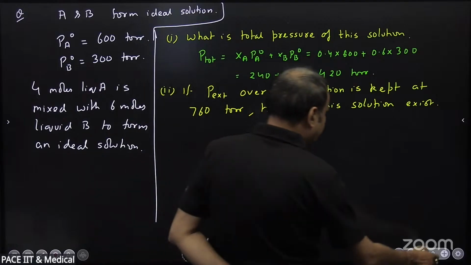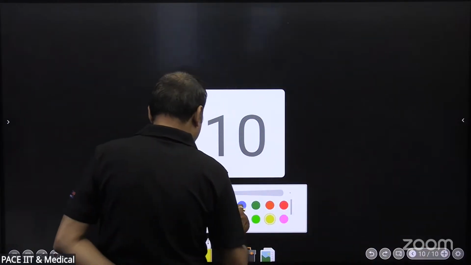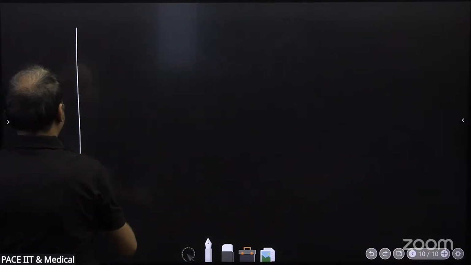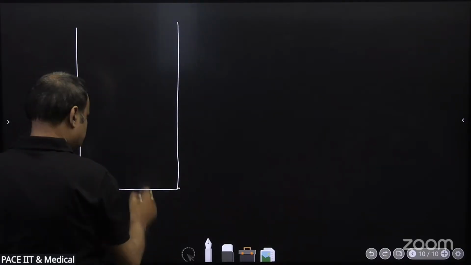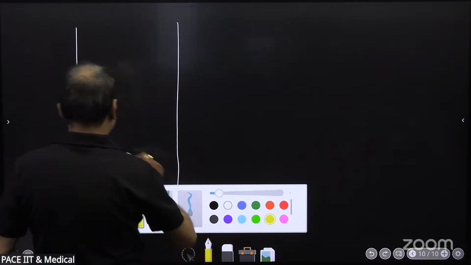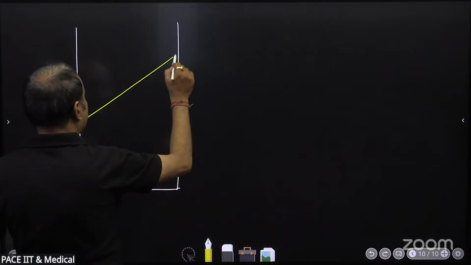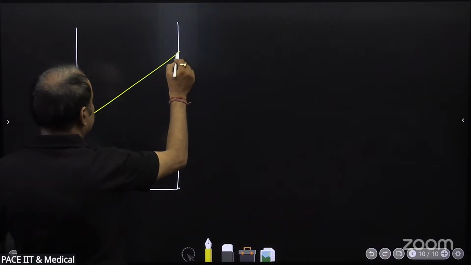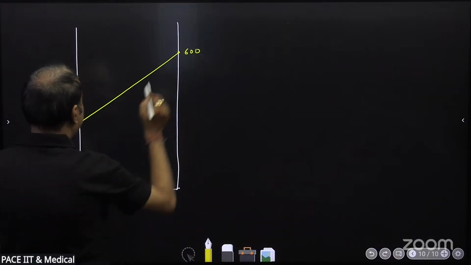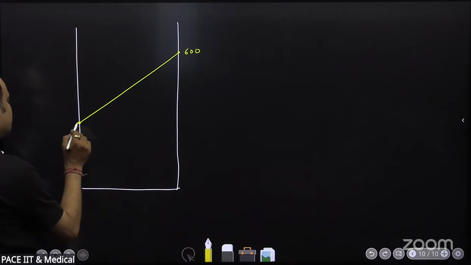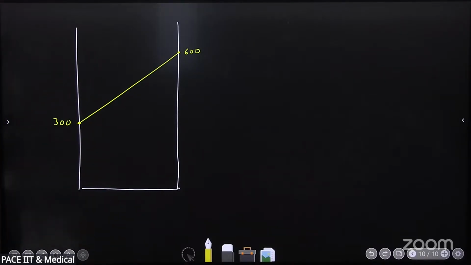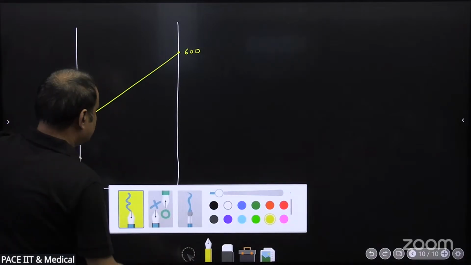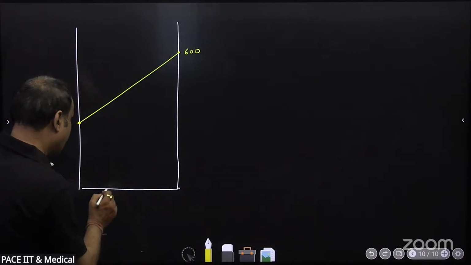Means if we analyze from the graph again, what are we talking about here. This was our yellow line. This is the pressure of pure A, 600. This is the pressure of pure B, 300. We made a solution in which the mole fraction of A was 0.4.